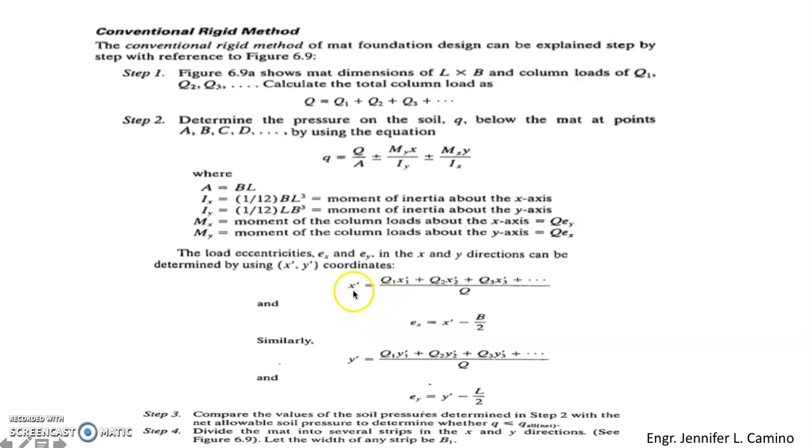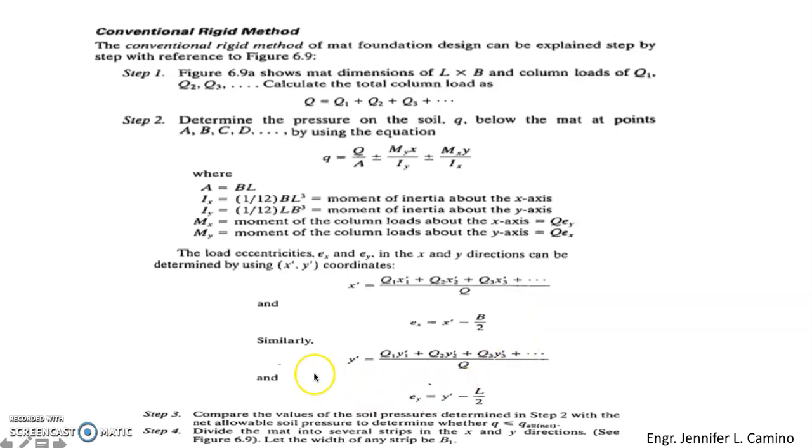To get your x prime, you multiply each of the column loads by the distance from the center of each column load to the reference point, all over the total column load. We need x prime so that you can get your E sub x, your eccentricity along the x direction, which is equal to x prime minus B over 2.